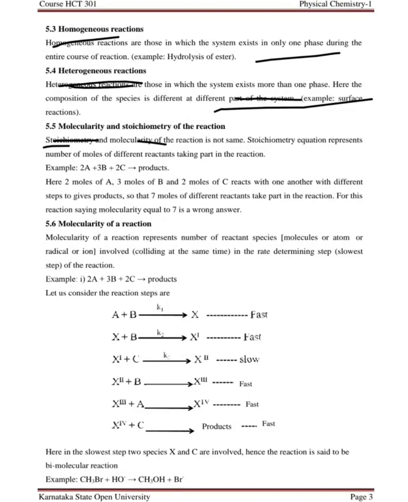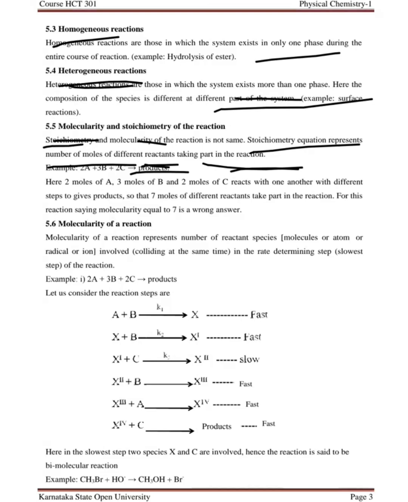And stoichiometry is the stoichiometric equation. In practicals, we have derived and written some stoichiometric equations. So a stoichiometric equation represents the number of moles of the different reactants or species taking part in the reaction. This is known as stoichiometry.